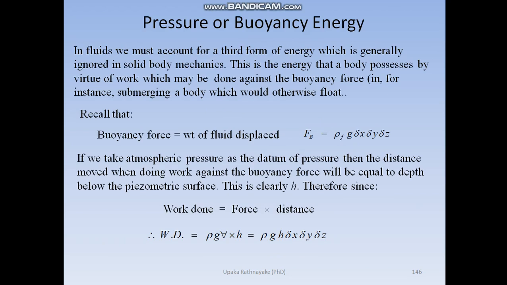The third energy term is pressure energy. We also call this the buoyancy energy. We usually ignore this energy type in solid mechanics. However, this is an essential section for fluid mechanics.